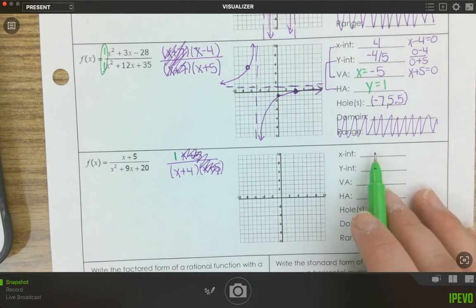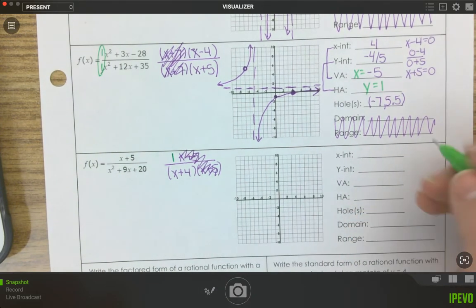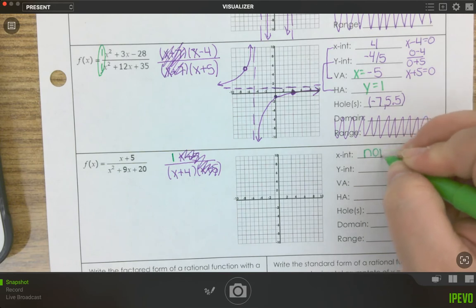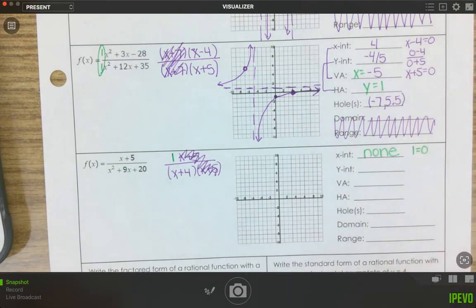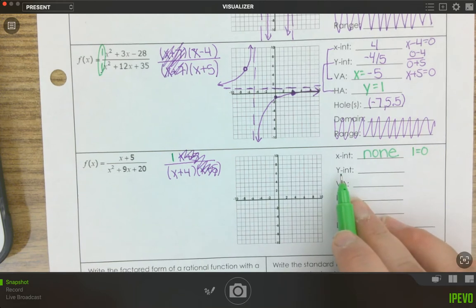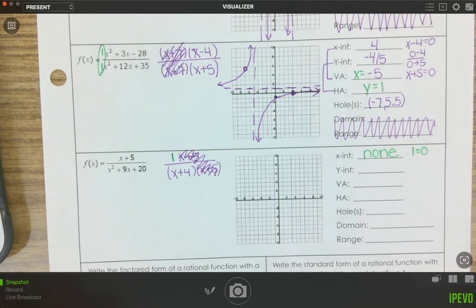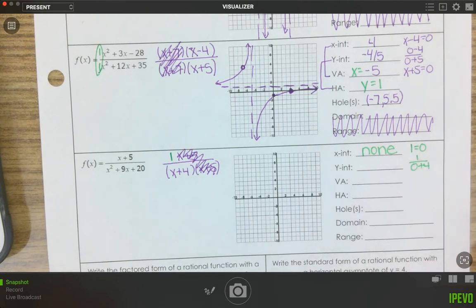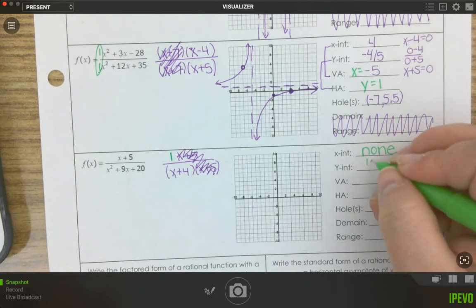Okay, x-intercept, you set the top part equal to 0. Can 1 equal 0? No, so there's no x-intercept. And I'll explain why in just a second. Then, for your y-intercept, that's where you plug in 0 for x. That's 1/4.